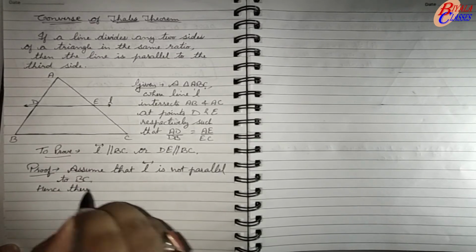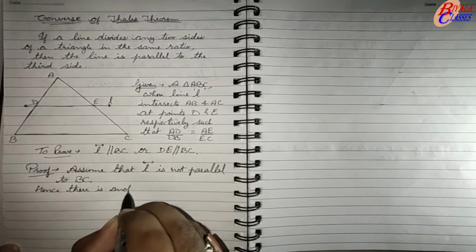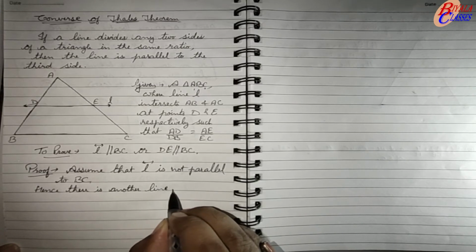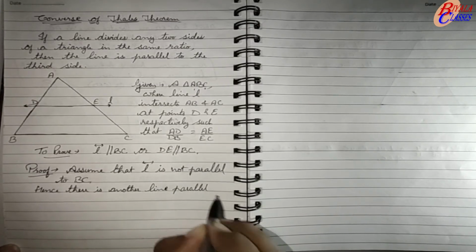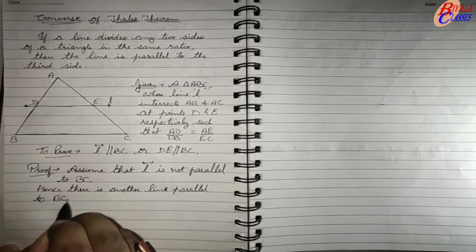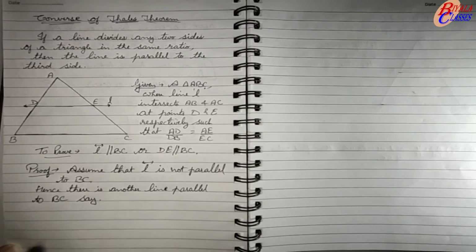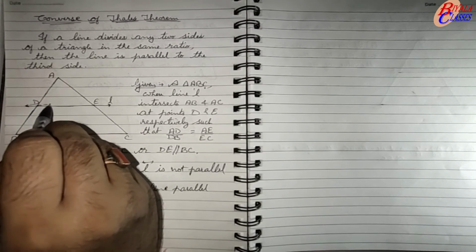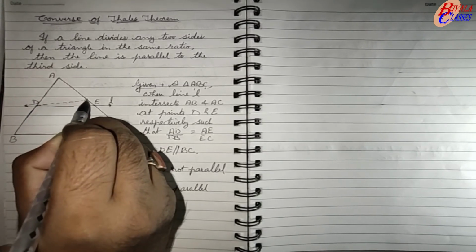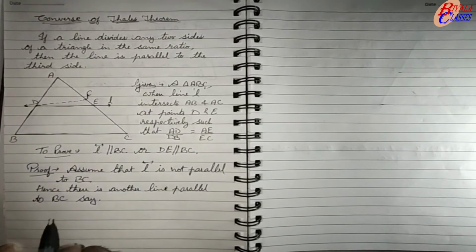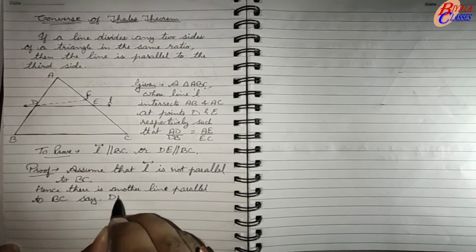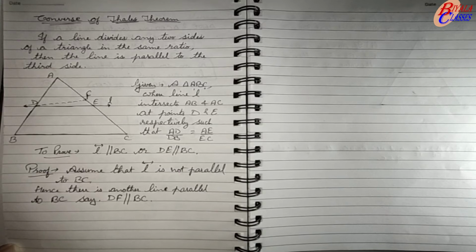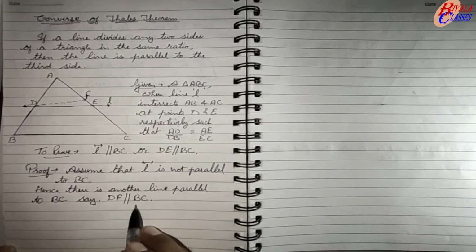Hence there is another line parallel to BC, and let's say the line which is parallel is DF. Let me take this point as F. So we take DF parallel to BC.